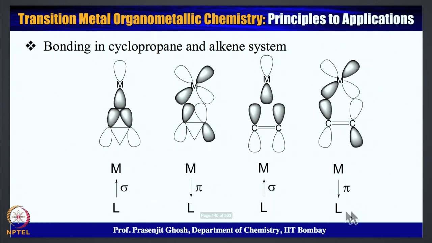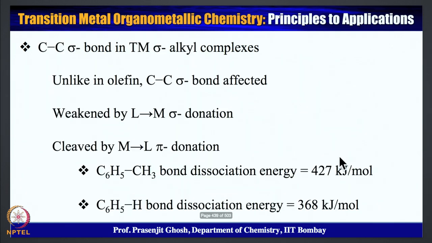Now, in order to understand this bond activation, we have looked at cyclopropane and alkene kinds of systems for various CH activations as well as CC activations, and we see that there is a similarity in terms of ligand to metal sigma donation and metal to ligand pi donation. This synergism operates not only in the metallocyclopropane kind of intermediate, but also in alkene kinds of intermediate.